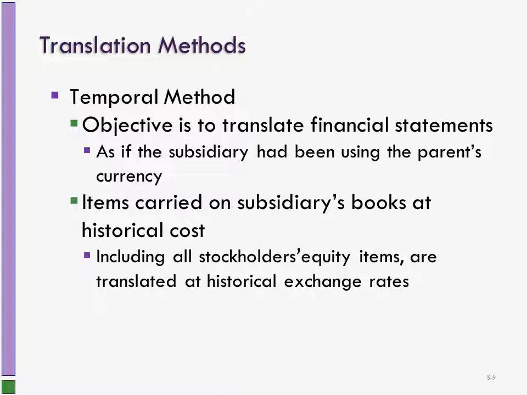Consistent with this objective, assets and liabilities reported on the foreign operation's balance sheet at historical cost are translated at historical exchange rates to yield an equivalent historical cost in parent currency terms. Conversely, assets and liabilities reported at current or future values are translated at the current exchange rate to yield an equivalent current value in parent currency terms.